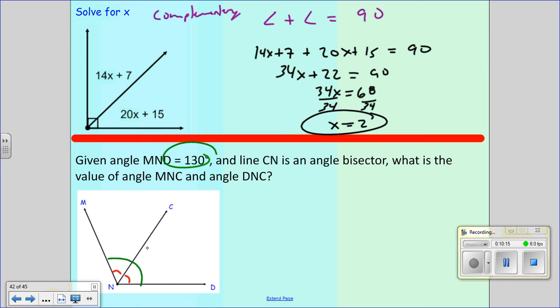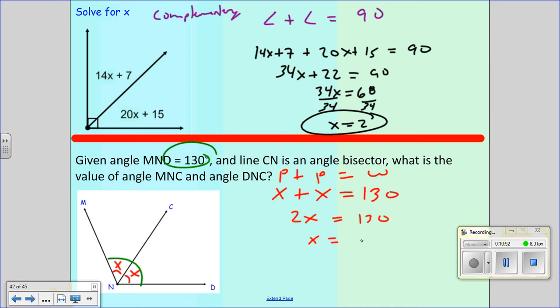So let's say since we don't know the angle measure right now, let's call them x, since they'll both be x. And we know that each one of those angles will add together to form the larger angle, 130. So this is kind of like part plus part equals whole. So now we know it's going to give us 2x equal to 130.